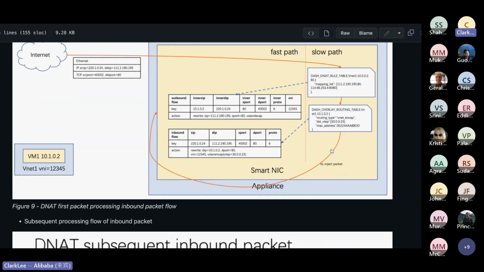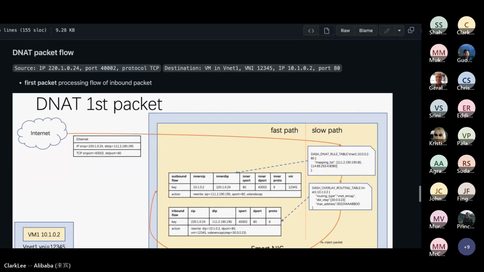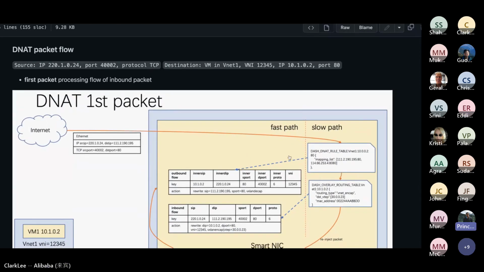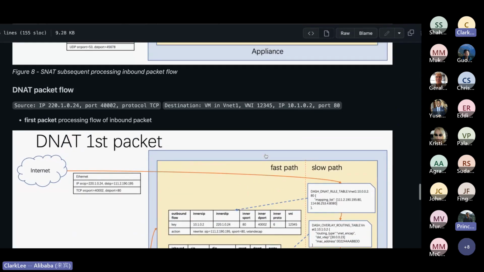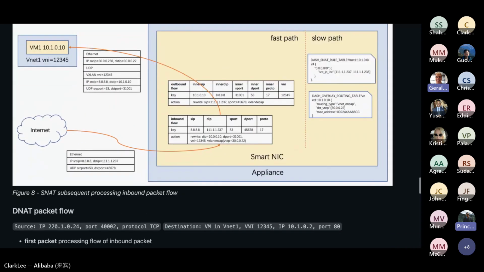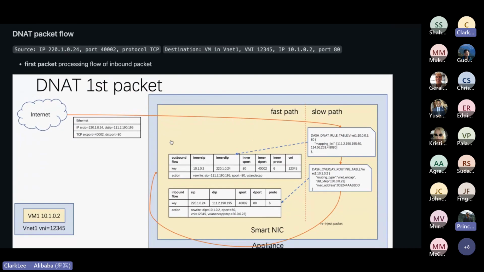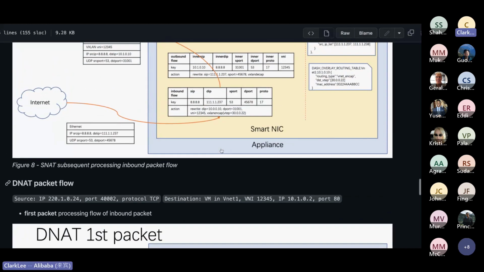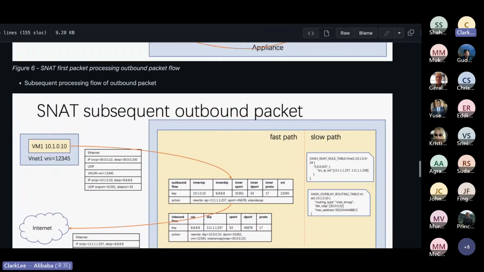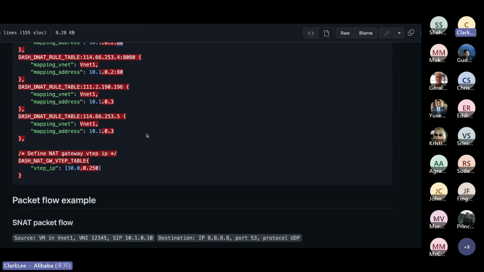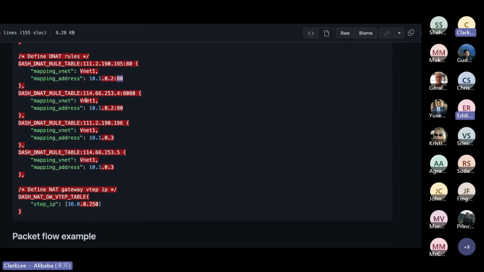Now I think you made it a global table, right? So there's no VNet. But based on today's discussion and what John was also mentioning, I believe if we can make it ENI based, then it will become more standardized. Okay, ENI based, yeah, I think it's okay, especially for these two combined together.